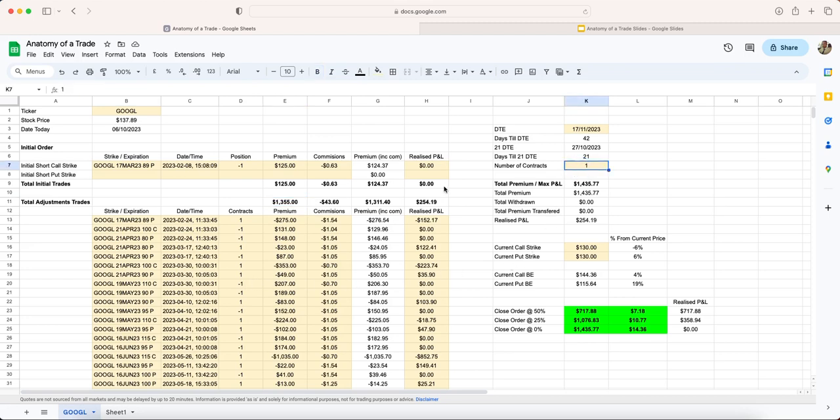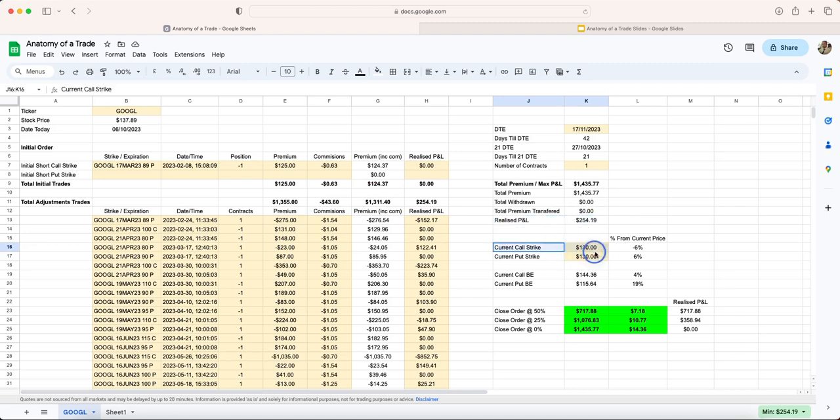I've been trading one contract, trading small. Currently, as of right now, I've made $1,400 in the overall trade, and that is the initial premium plus the additionals. All of this is net of commissions. And I have a realized P&L of $254, which is all good.